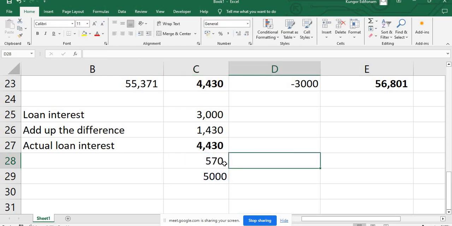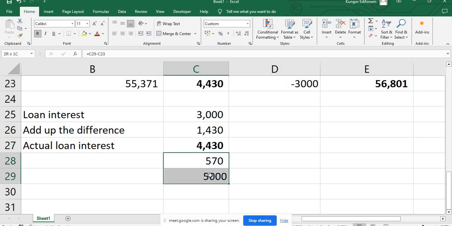If already in our statement we have 5,000 as the loan interest, we need to less 570 for it to now agree with the 4,430. So there are cases where the interest charge will be higher than the actual, and that will require netting or lessening. The opposite is true, where it's less, with gross up. I hope that's simple. Thank you very much. Can we move on now?